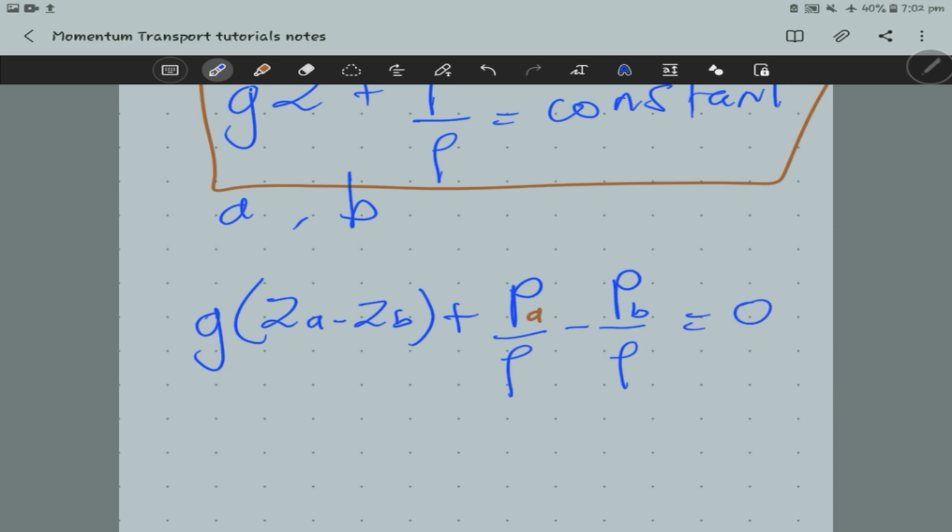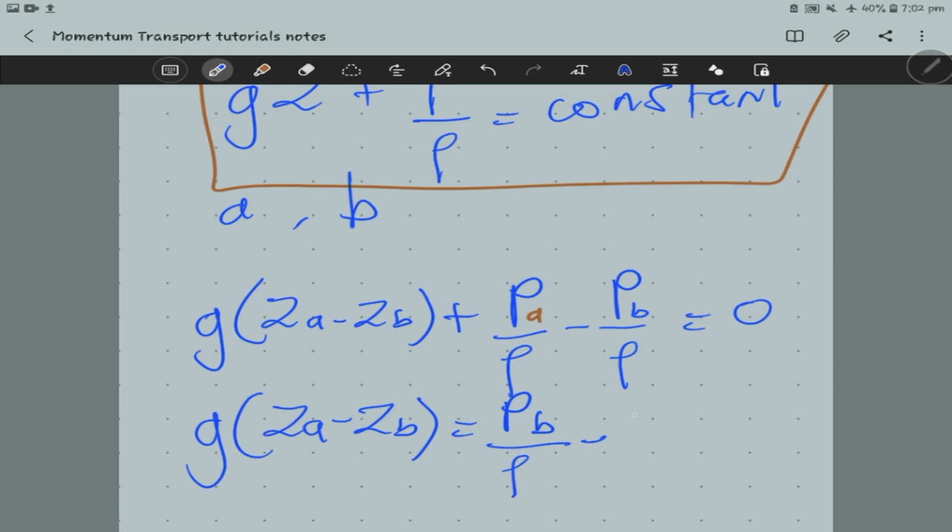What happens is that we end up getting g, Z A, Z B, and then P B over rho, the same fluid density, and P A over rho, because these move to the other side of the equation. That's why you have the equal sign here. So P B over rho and P A over rho.